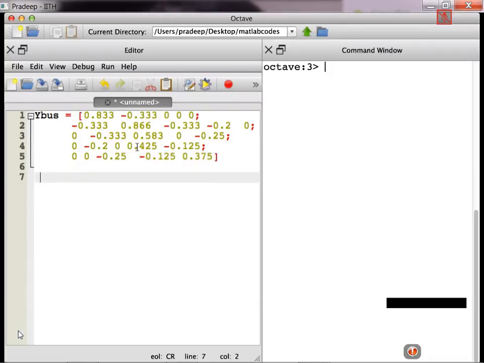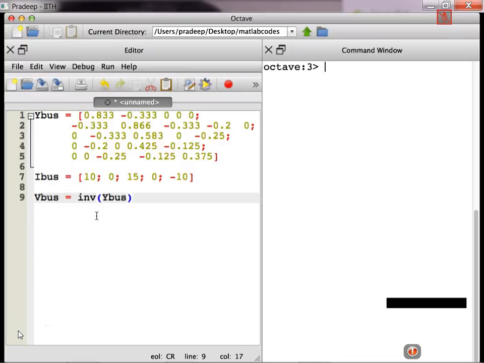So what is my I bus? If you refer to your notes, I bus is 10, 0, 15, 0, minus 10. So I have Y bus and I bus. So simply V bus is nothing but inverse of Y bus multiplied by I bus. That's all. So this is my simple code.